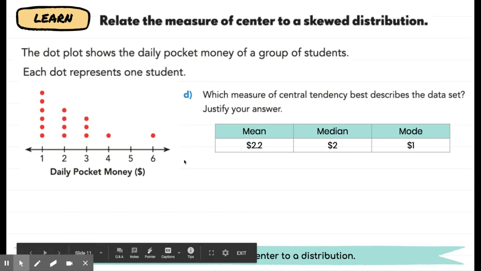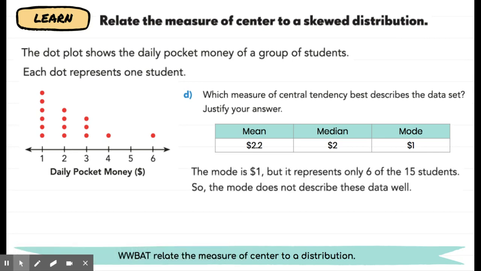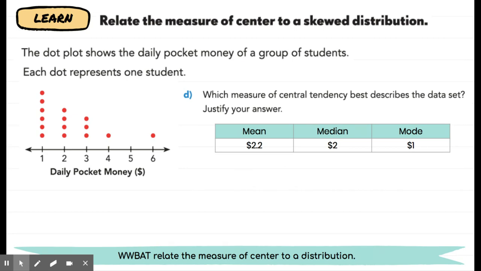Now that we have all the information, the question will ask which measure of central tendency best describes the data set. We have $2.20 for mean, we have $2 for median, and the mode was $1 because the mode is the most popular number. So in this case, notice that the mode is different from the mean and the median because the data is skewed.